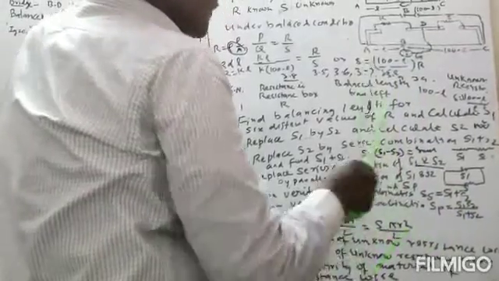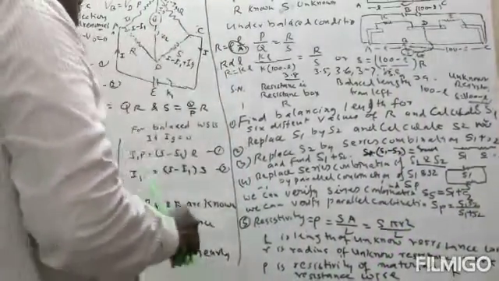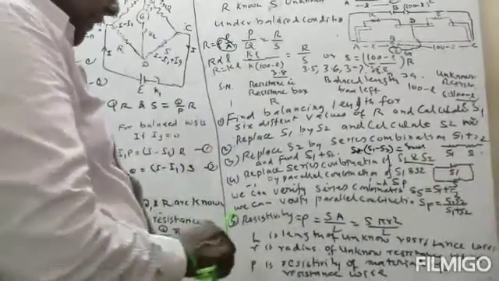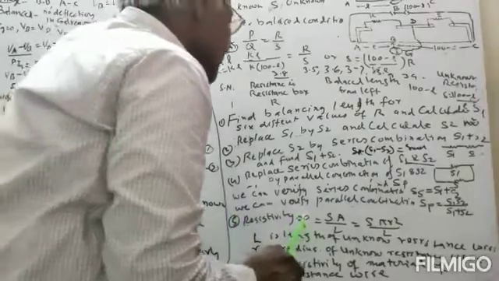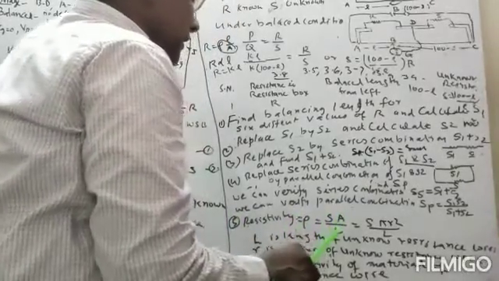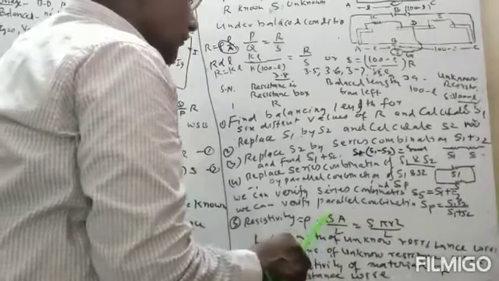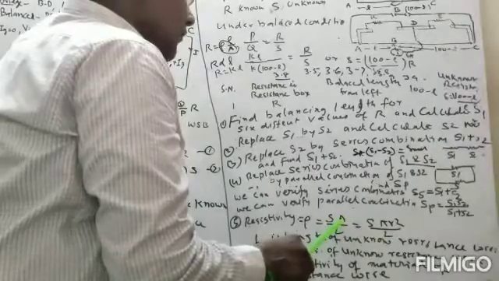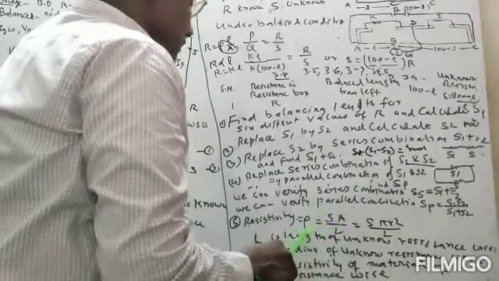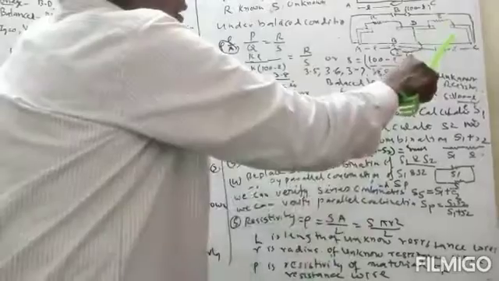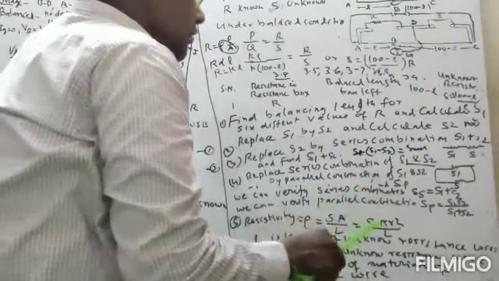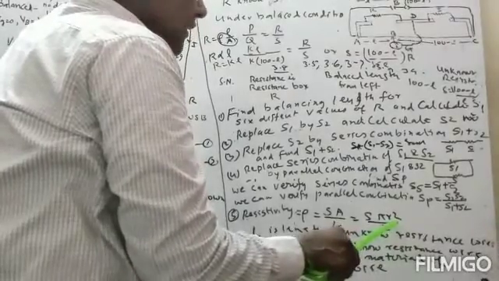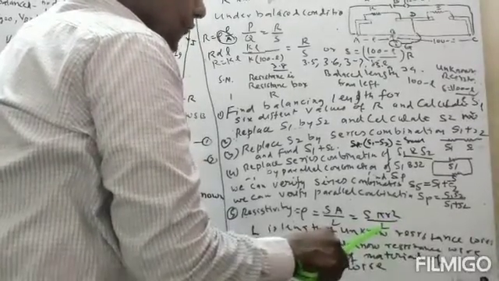Now we can also use the meter bridge to find the specific resistance or resistivity. The resistivity is equal to S into A by L. S is the resistance of the wire, the unknown resistance, whose length is L and area of cross section is A. So rho will be equal to S, which we find from the meter bridge, into the area, which is pi r square. r is the radius of the wire and capital L is the length of the wire.